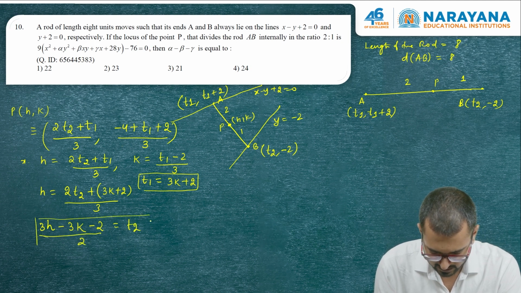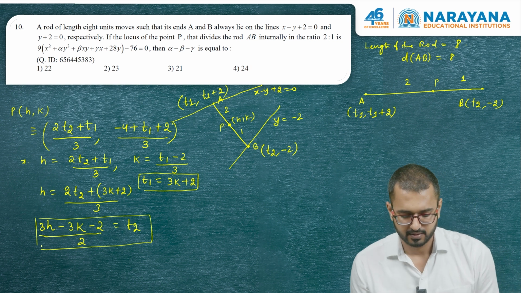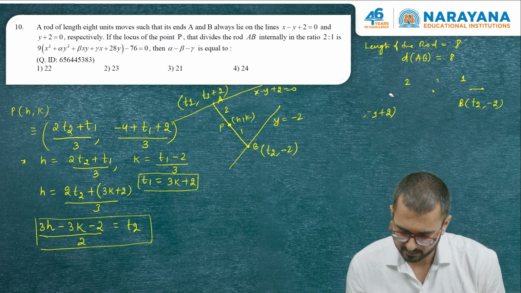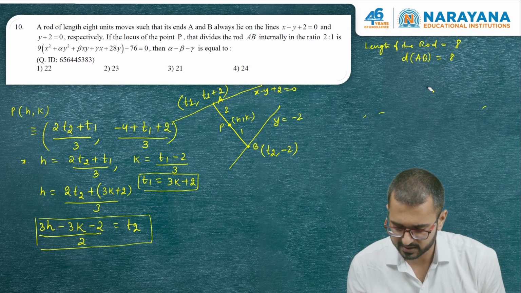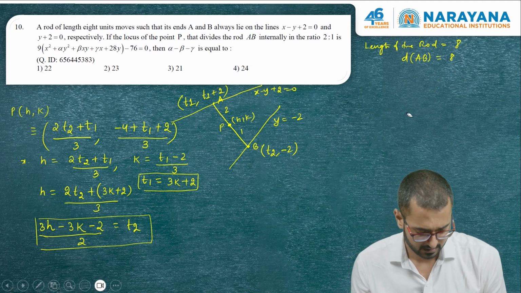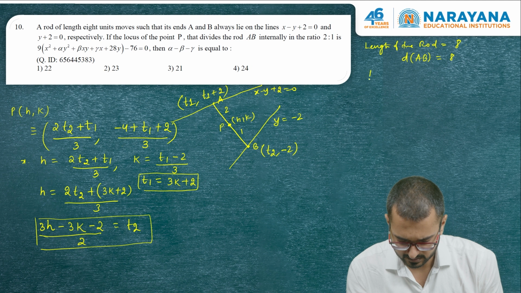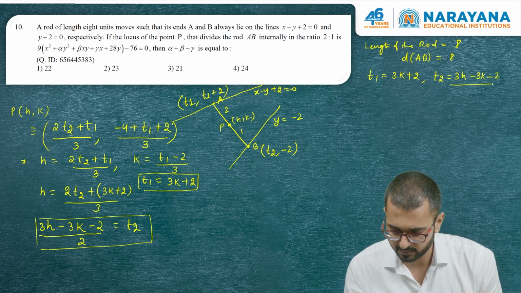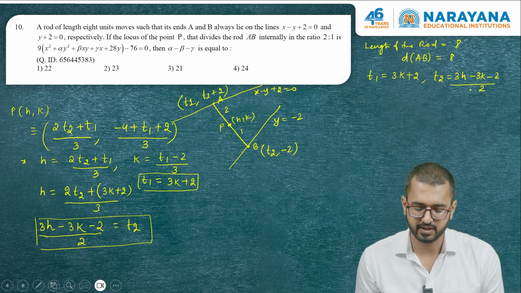So we now got t1 and t2. So t1 is 3k plus 2 and t2 is 3h minus 3k minus 2 upon 2. So we have found t1 and t2.